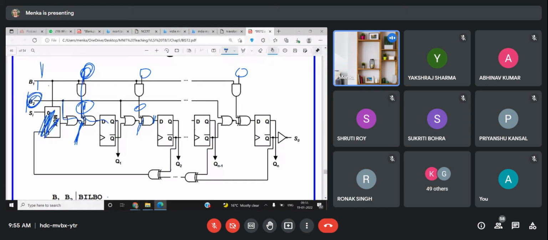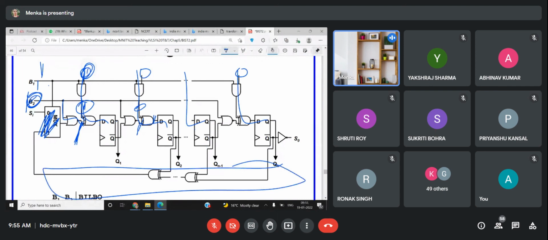Okay, so this is known as the parallel load operation. All other circuits will be inactive, and there is a direct connection of this input to the D flip-flop. So this is how the parallel shifting operation is taking place. And in the next cycle, you can take the parallel data at the output also.